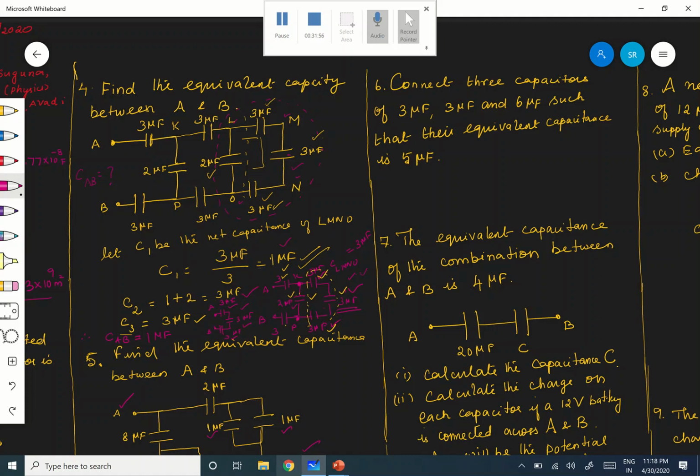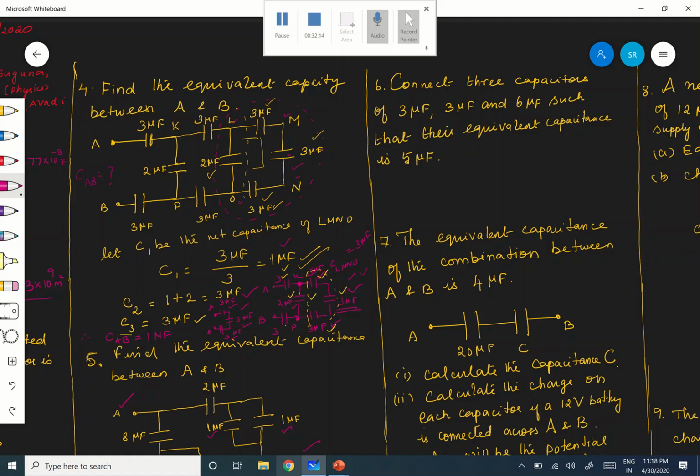So, how many are there? 3, such that their equivalent capacitance is 5 microfarad. Okay, very simple. How to find out?